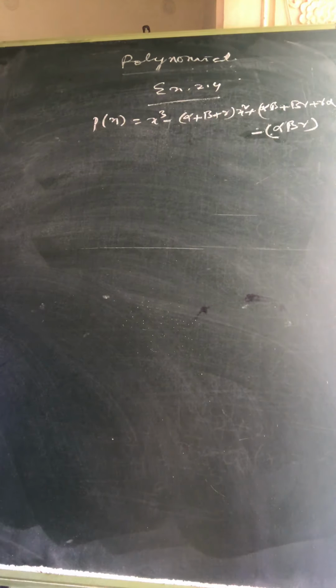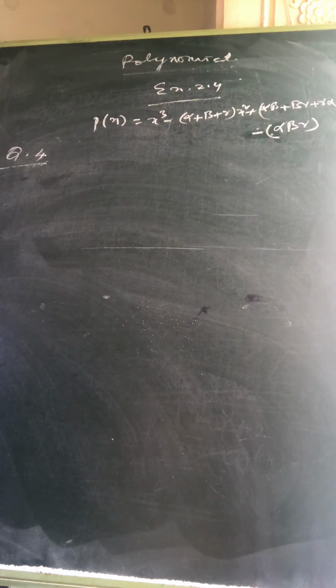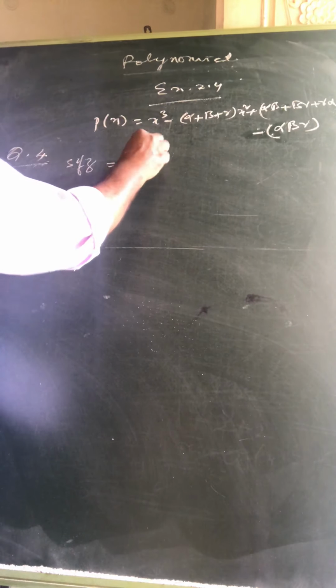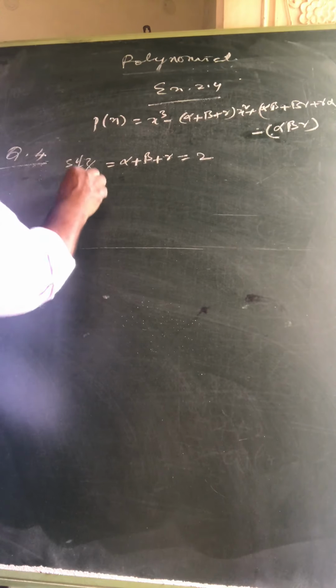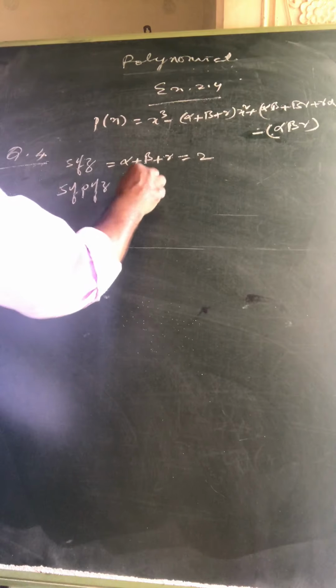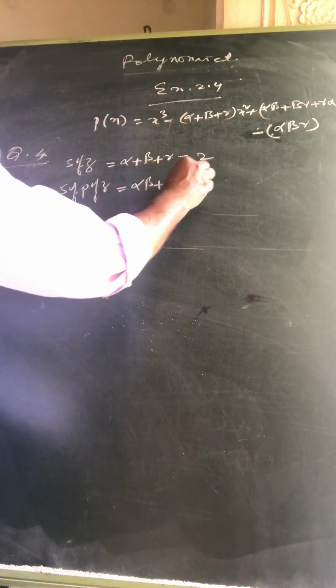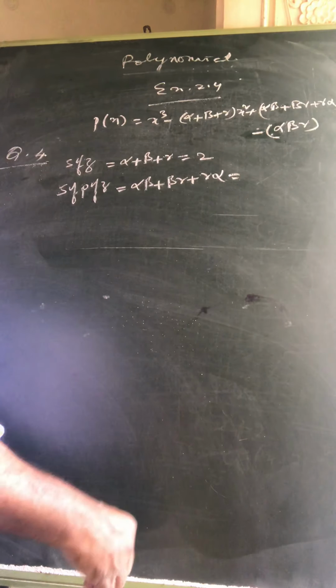This is the formula to find the cubic polynomial when the zeros are given. Now the question: he gave us the sum of the zeros, alpha plus beta plus gamma, equal to minus 2. The sum of the product of zeros taken two at a time, alpha beta plus beta gamma plus gamma alpha, is equal to, how much did he give?